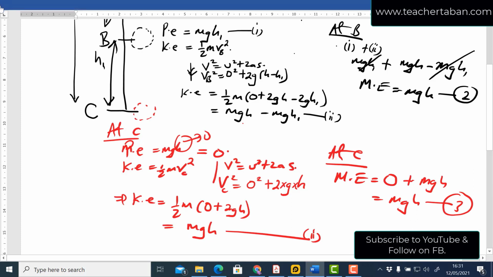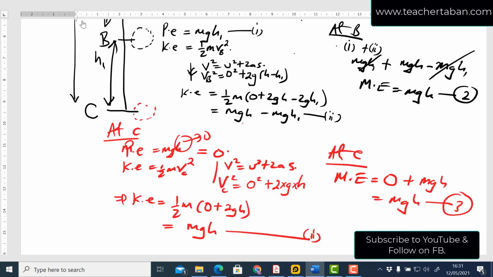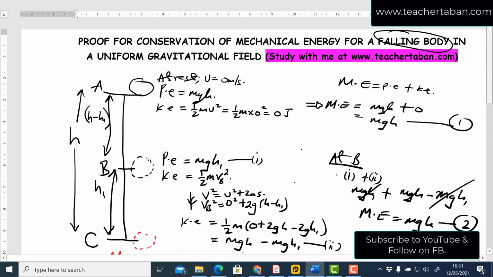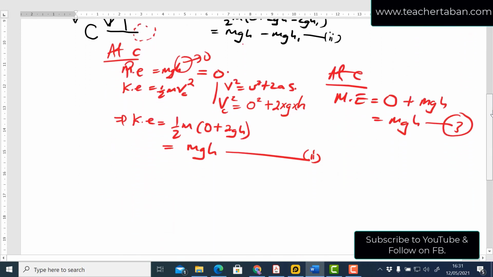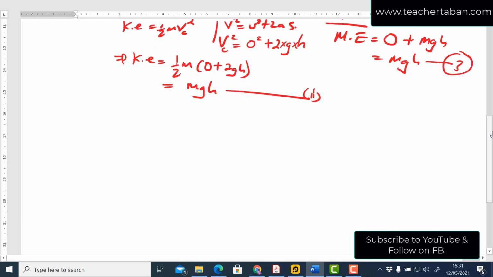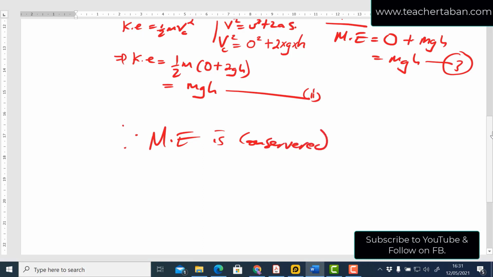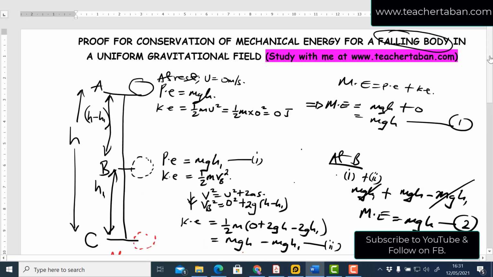So comparing the three equations at points A, B, and C, the mechanical energy is given as mgh at A, is given as mgh at B, and mgh at C, which therefore implies that mechanical energy is conserved. Remember, we are expressing everything in terms of the initial mechanical energy, which was at A, since the body was falling.